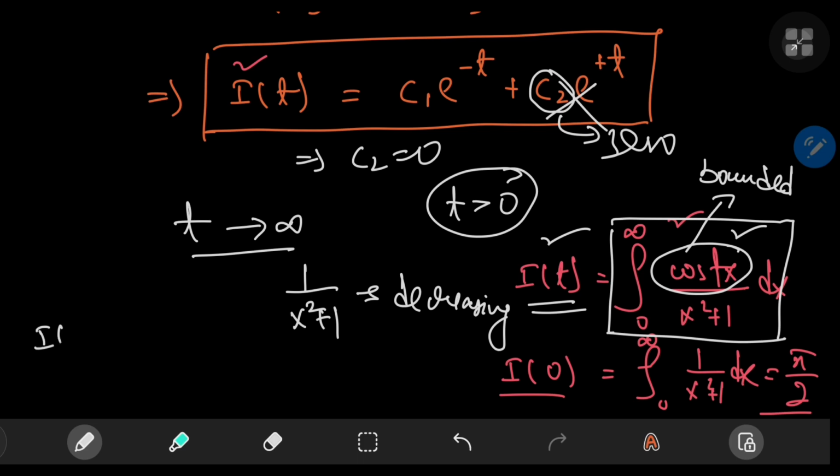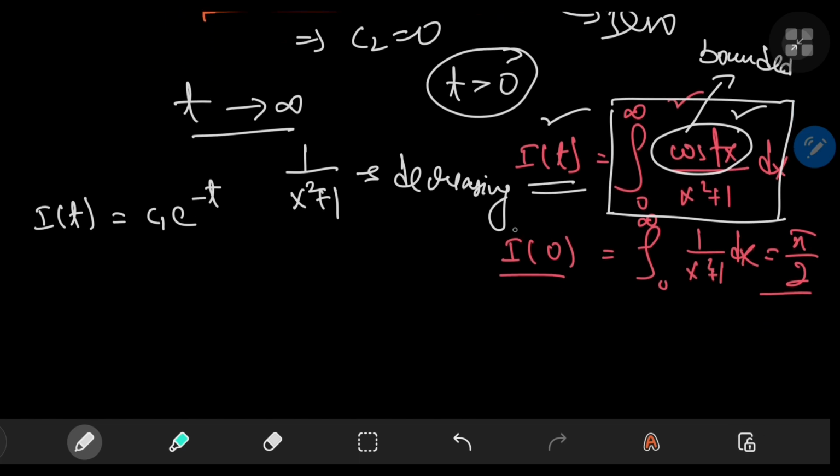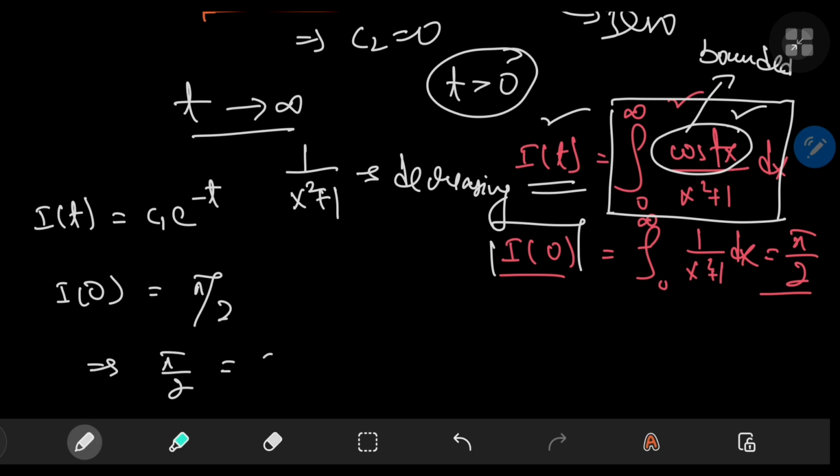And that means I of t is just c sub 1 times e to the negative t. And using our initial condition here, that I of 0 equals pi by 2, it implies that pi by 2 equals c sub 1 times e to the 0, which is 1. So there you go. We have our other constant of integration.